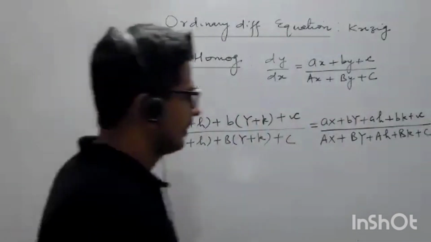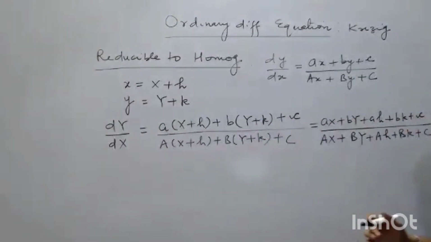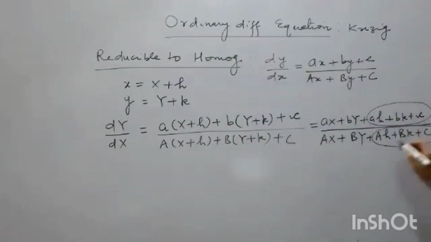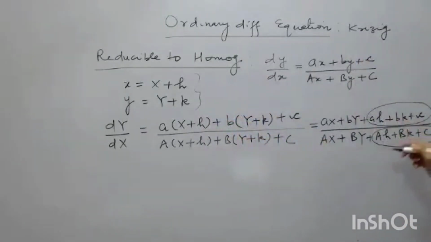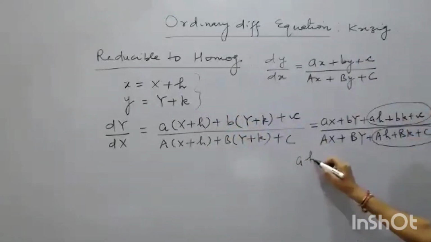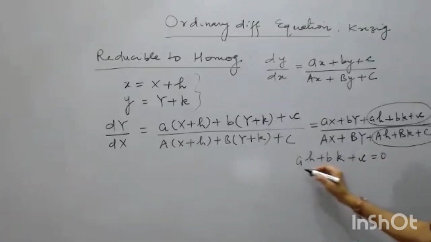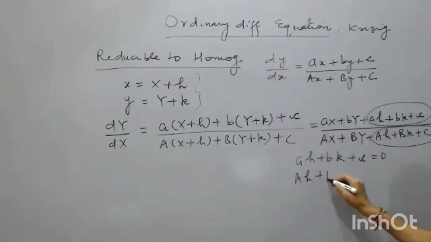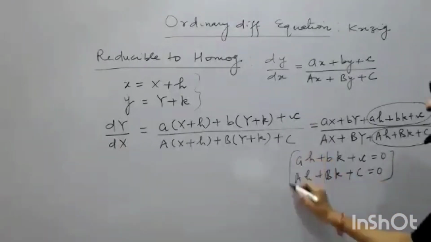And now you see, because we have taken h and k, the selection of h and k is in our hand. So I can take the values of h and k such that ah plus bk plus c and ah plus bk plus C simultaneously become 0.